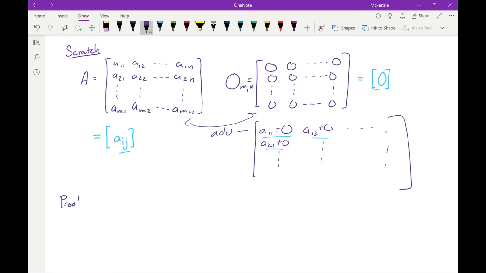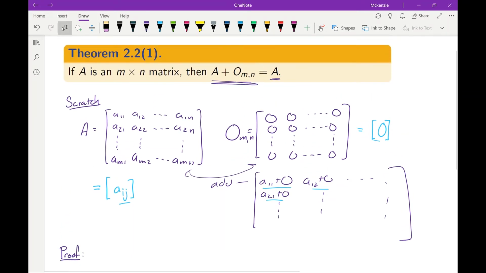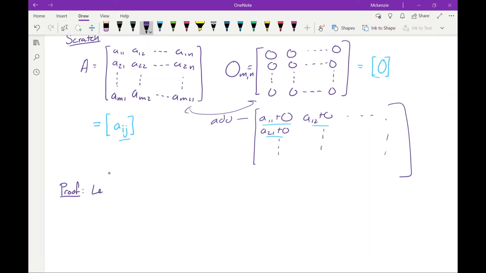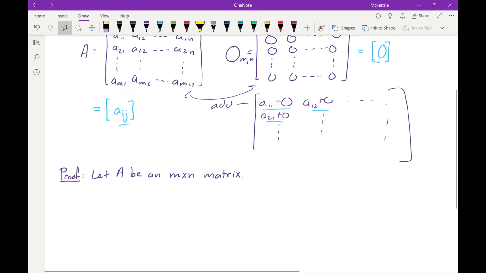Right. So let's go back and remind ourselves of the assumptions we have to make. So first off, if A is an m by n matrix is our hypothesis here. So we should assume that. So let A be an m by n matrix. All right, so next up after that, maybe we should introduce the notation that we thought about in our scratch work.